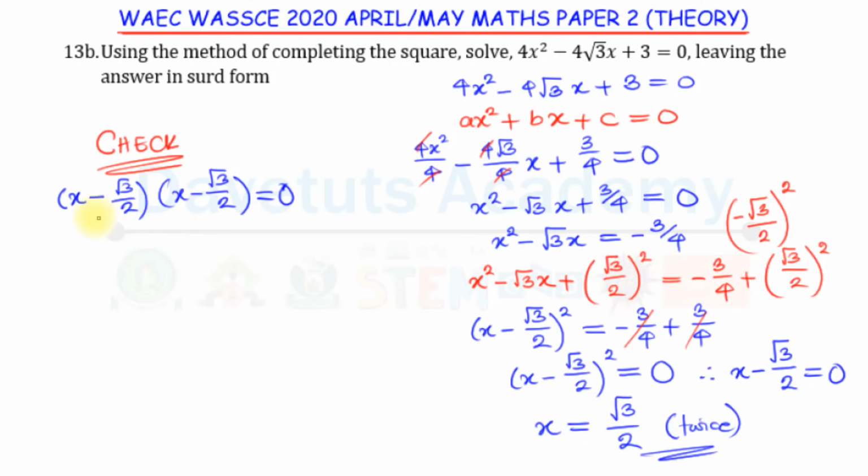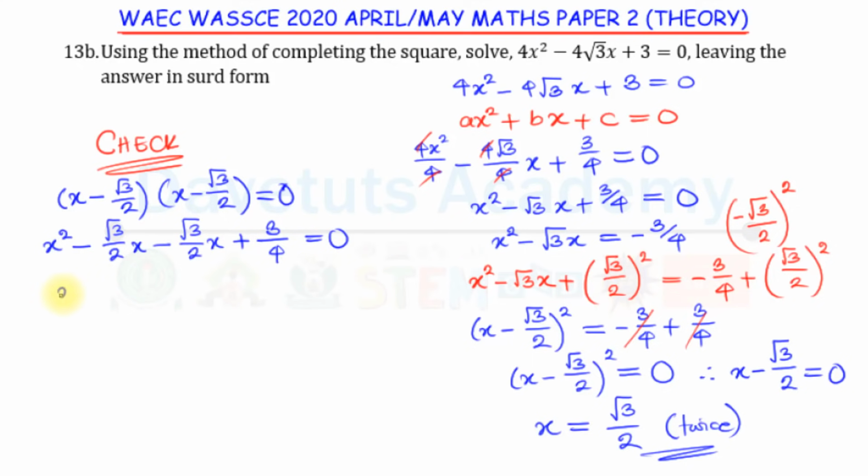If you want to open this bracket, x times x will give us x squared. x times minus root 3 over 2 will give us minus root 3 over 2 x. Minus root 3 over 2 times x will give us another minus root 3 over 2 x. Then minus times minus here will give us plus root 3 over 2 times root 3 over 2. Root 3 multiplying itself will give us 3. Then 2 times 2 will give us 4. This is equal to 0.